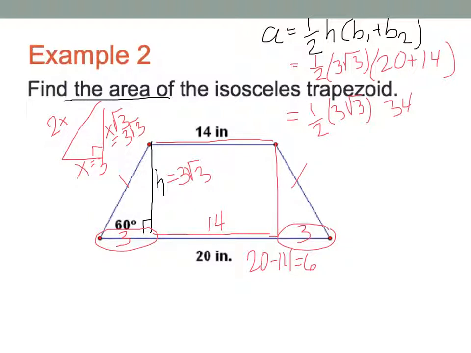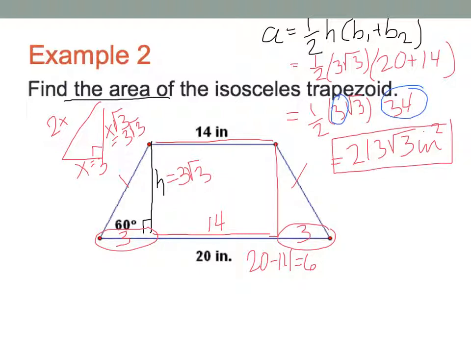Let's keep cleaning this up, and I'm going to get 51 root 3 inches squared. And the way I got 51 was I took my 3, multiplied it by my 34, and divided it by 2, and I keep my root 3.